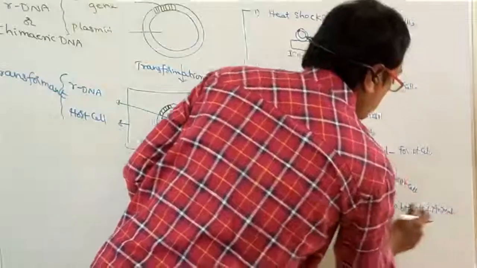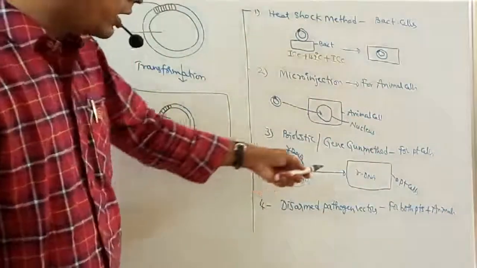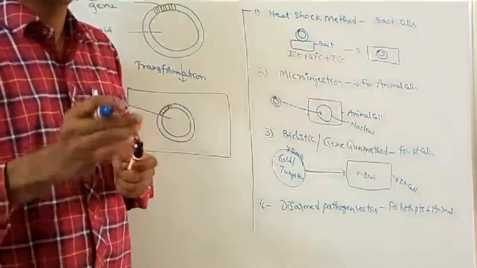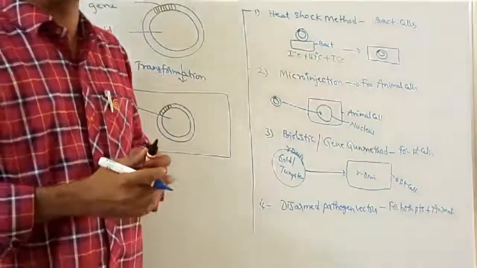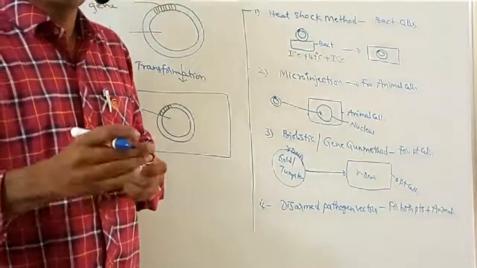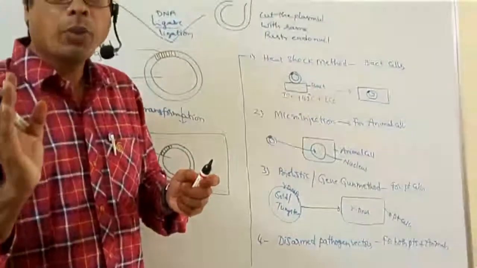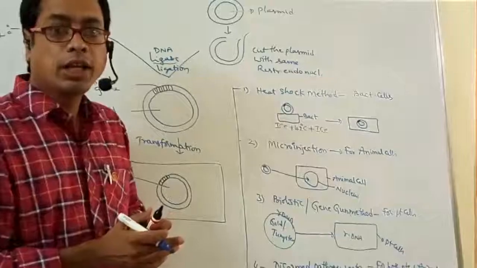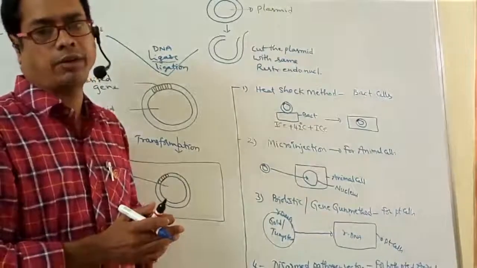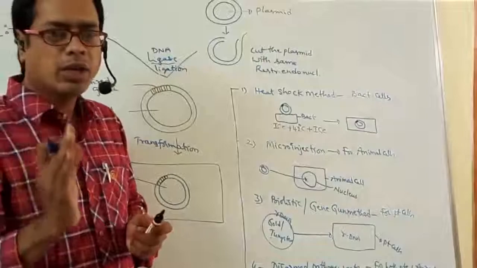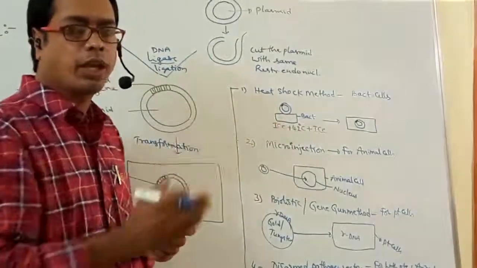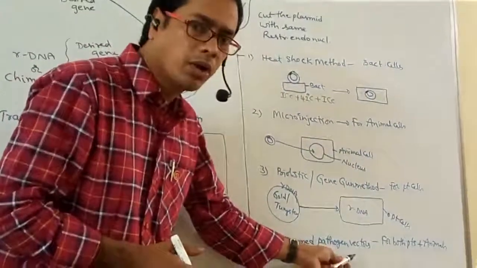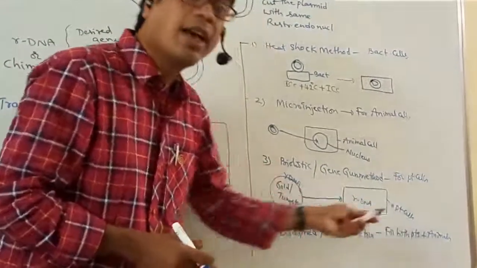In the previous class, we noted that in plants, the vector used is Agrobacterium, and in animals, it is retroviruses. Normal plant cells are converted into tumor cells by using the Ti plasmid of Agrobacterium. Normal animal cells are converted into cancerous cells by retroviruses. So disarmed pathogen vectors can be applicable for both plant cells and animal cells.